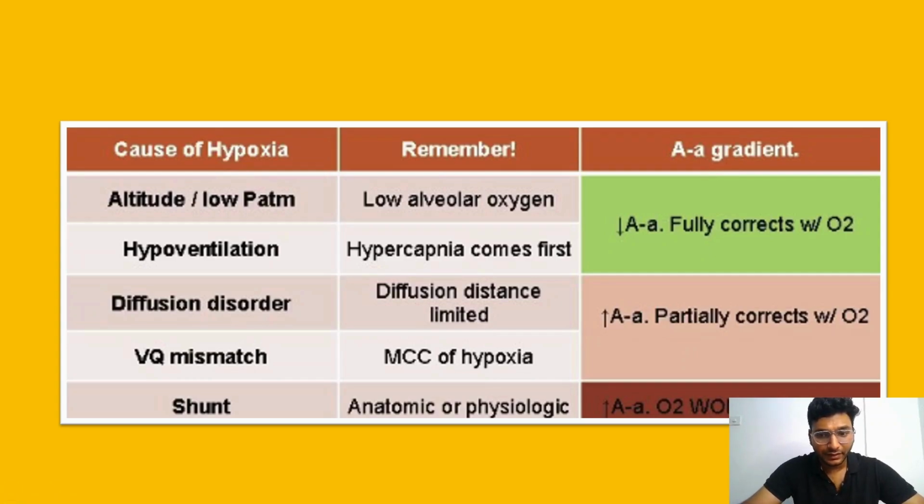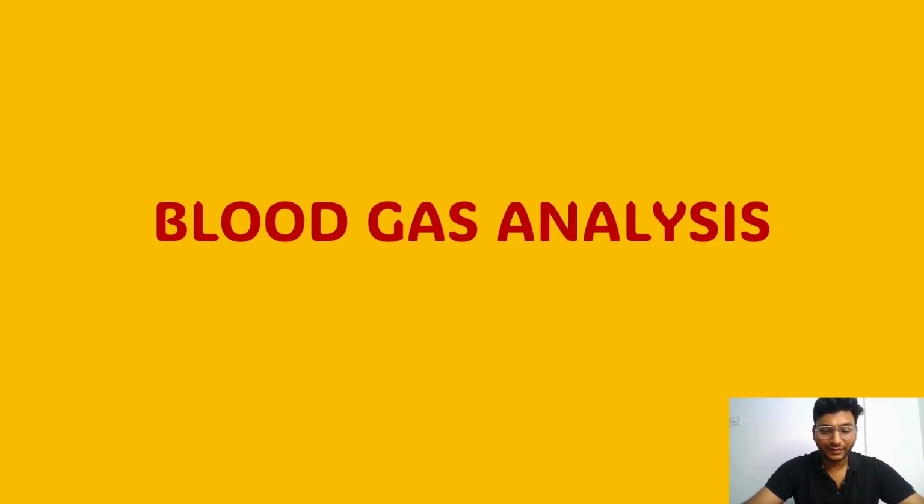So these are the things that will help you to differentiate the etiologies here, right? And remember about the partial pressure, the relative hypoxia based upon the FiO2 partial pressure correlation. So in the next part we will discuss the ABG analysis, the types of ABG analysis. Thank you so much.